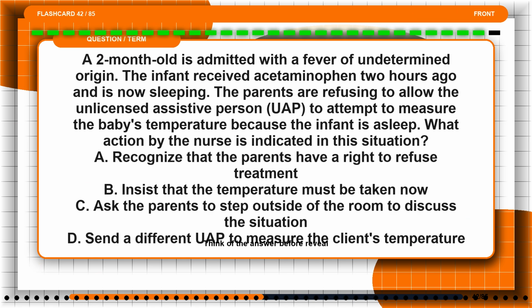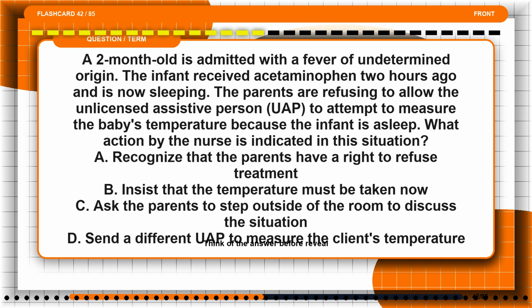Flashcard 42. A 2-month-old is admitted with a fever of undetermined origin. The infant received acetaminophen 2 hours ago and is now sleeping. The parents are refusing to allow the unlicensed assistive person (UAP) to attempt to measure the baby's temperature because the infant is asleep.